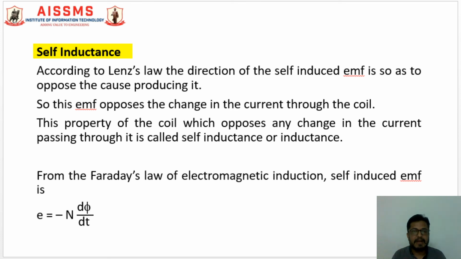From Faraday's law of electromagnetic induction, self-induced EMF e equals minus N d phi by dt. Here it shows a negative sign because this EMF opposes change in the current.